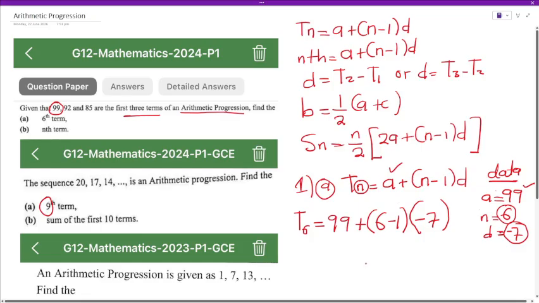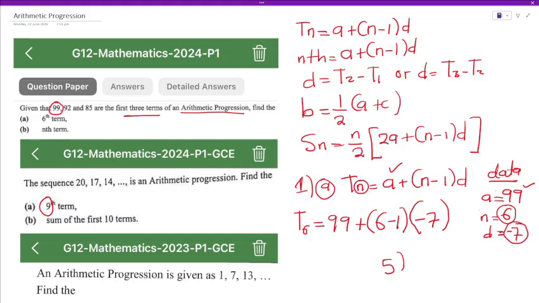I've seen students who just leave it like this, and then when they simplify, they say 6 minus 1 is a 5 in brackets, and then they say minus 7. Then the answer they put is negative 35, which is correct because they have multiplied. But remember that your working also carries marks. So this is an error in your working, because this is telling me it's supposed to be 5 minus 7, of which the answer you should expect is a negative 2.